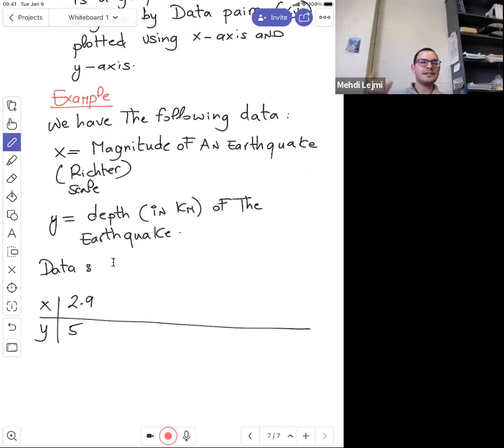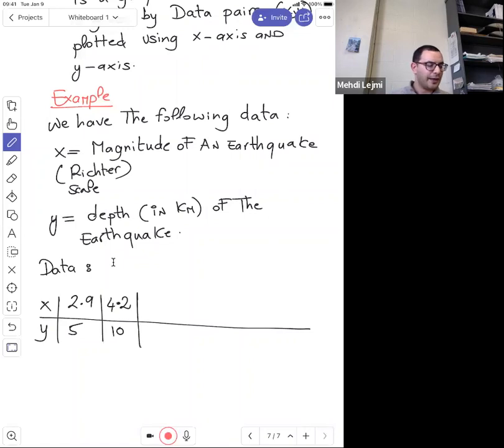So the magnitude is 2.9 and the depth is 5 kilometers. Now, next earthquake. The magnitude is, let's say, 4.2, and the corresponding depth in kilometers is 10.